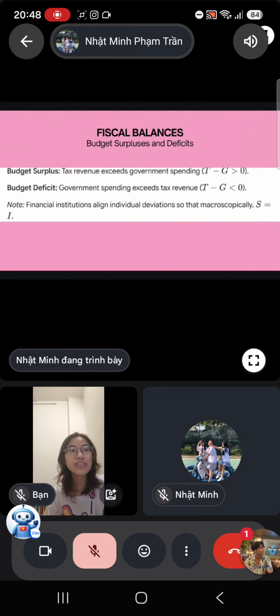This low cost of borrowing induces businesses to expand, increasing total investment capital from 1,200 billion to 1,600 billion dollars.